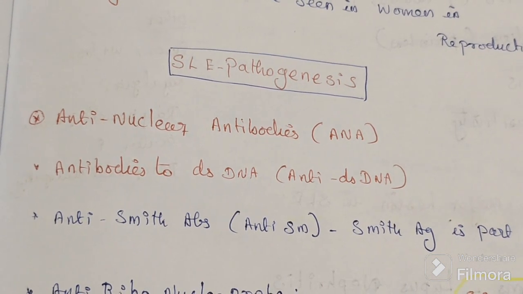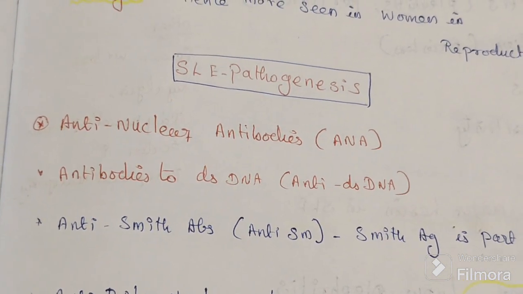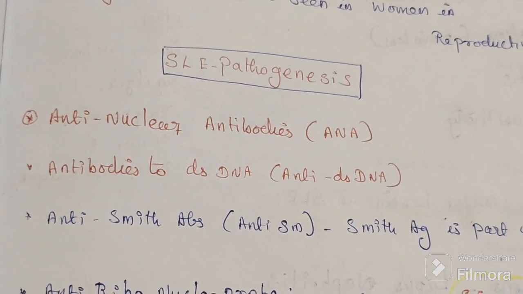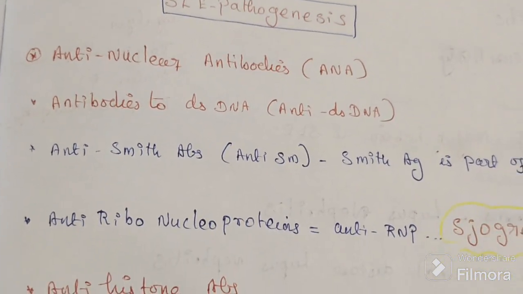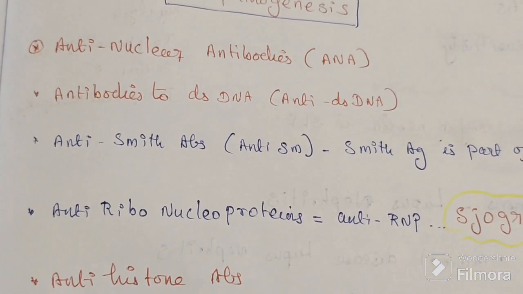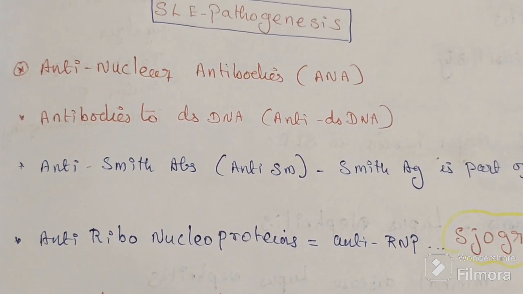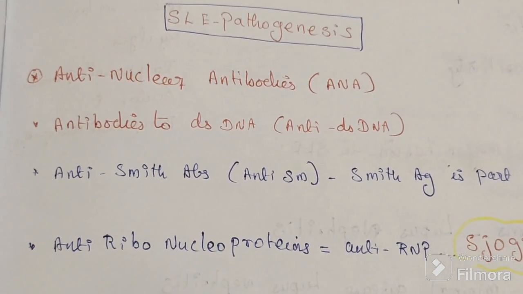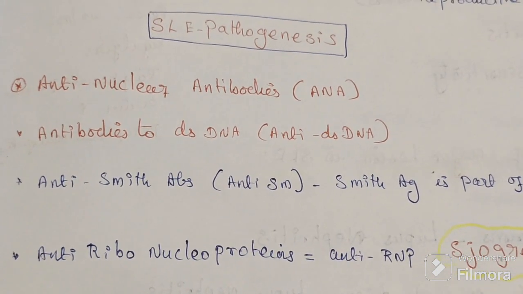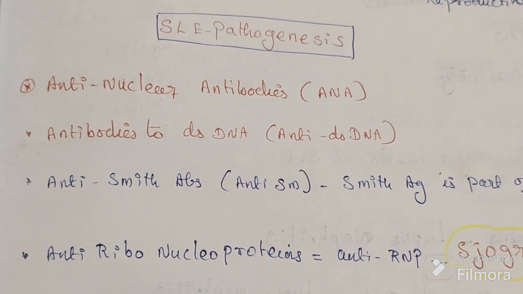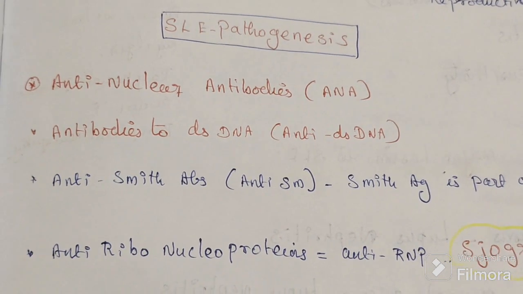We can demonstrate anti-nuclear antibodies in about 95 to 98% of cases. Then we have antibody to double-stranded DNA, which specifically attaches to double-stranded DNA. It is present in high titer.